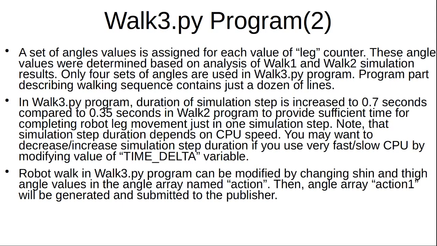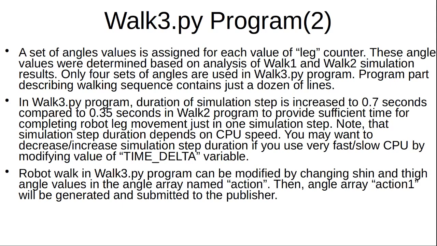In the walk 3 program, the duration of the simulation step is increased to 0.7 seconds compared to 0.35 seconds in the walk 2 program to provide sufficient time for completing the robot leg movement in just one simulation step. Note that simulation step duration depends on CPU speed.